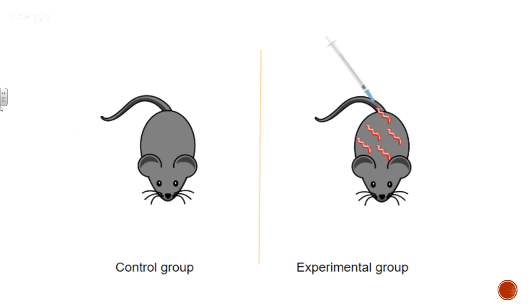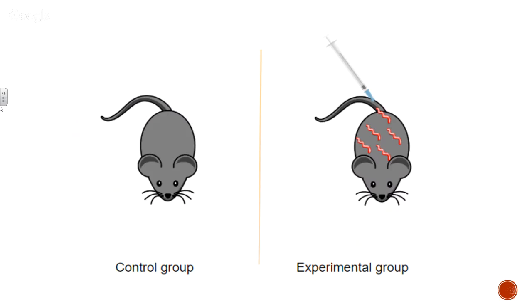The purpose of having these two groups is to see the variance between them. The control group acts as a baseline, and you can see how the results for the experimental group vary in relation to the control group. You guys get that?